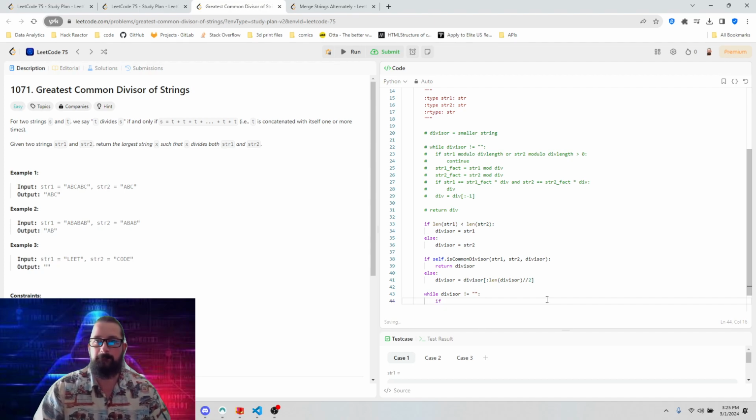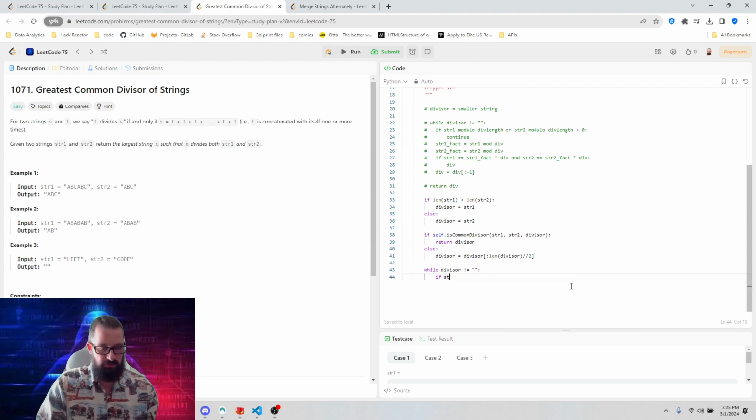If string 1 modulo, this is if the length of string 1 modulo length of div is greater than 0, or if the length of string 2 modulo length of divisor is greater than 0, that means that they can't divide. So I can skip this iteration. Continue.